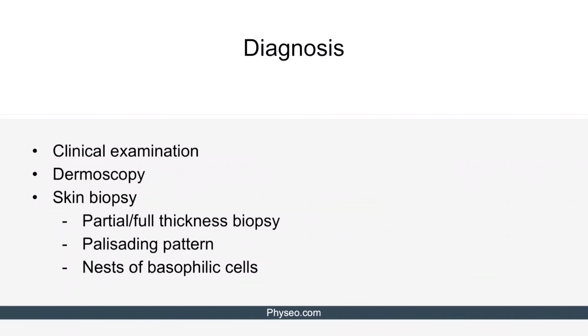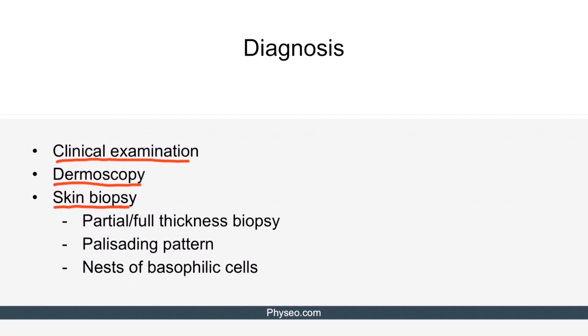Basal cell carcinoma can be diagnosed clinically, but it should always be confirmed with a skin biopsy. On clinical examination and dermoscopy, the lesion is evaluated for its margins, telangiectatic vessels, and atrophy. Skin biopsy is diagnostic, and partial or full thickness biopsy is the preferred biopsy technique.